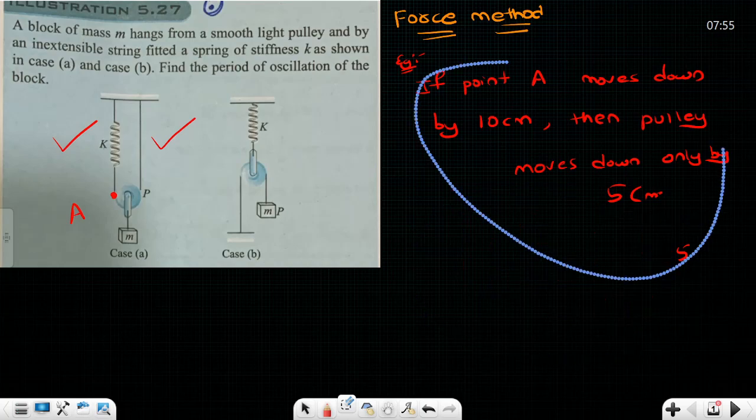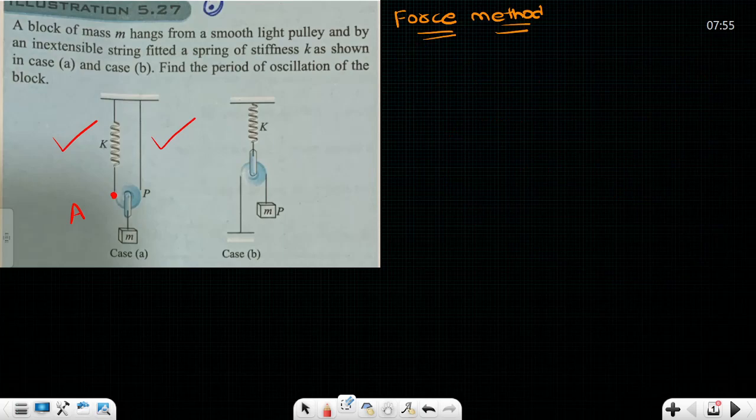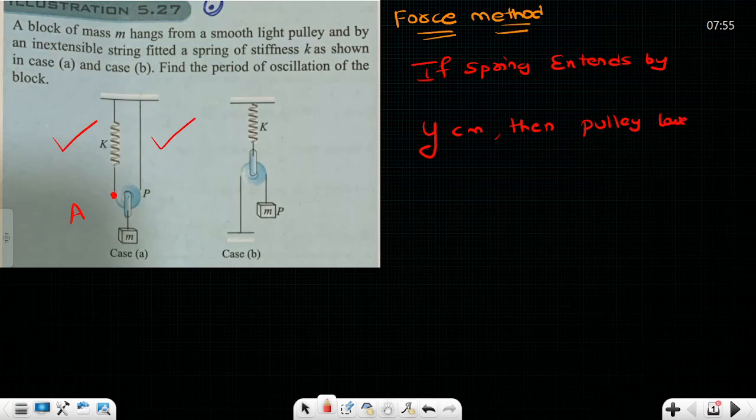Therefore, if the spring extends by y centimeters, then the pulley lowers by y by 2 centimeters.